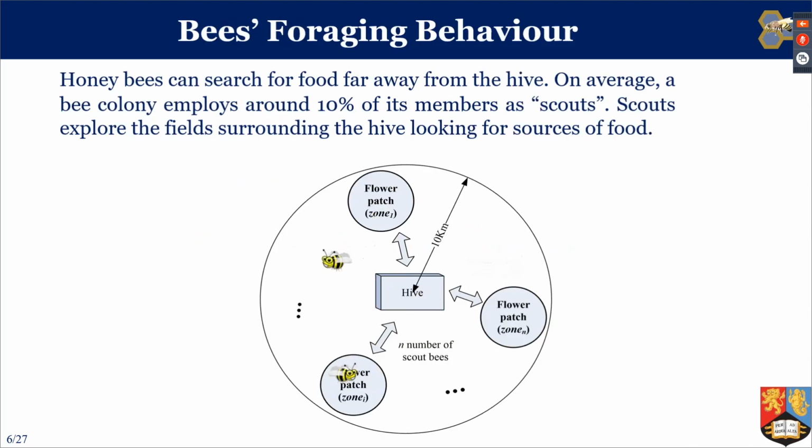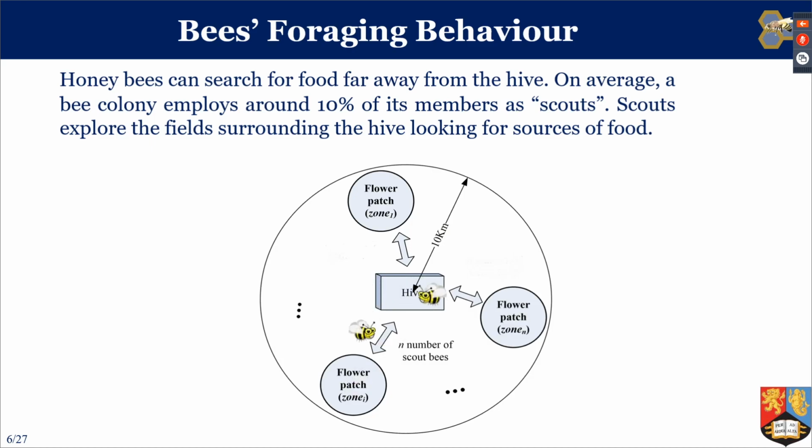A honeybee colony can have thousands of bees. About 10% of the colony is sent up to 10 kilometers around the hive in search for food. These are known as scout bees.